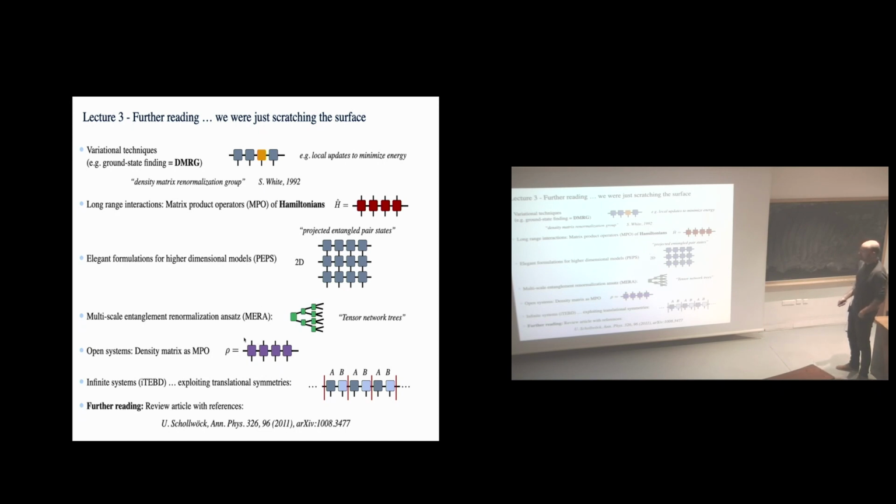Here's something I want to talk about a little bit now on the next few slides when I show some recent results. One can also do the same for open system dynamics, right? Again, same as the Hamiltonian, if I have a full density matrix of my system, I can also write it in this matrix product form. This is known as a matrix product density operator.